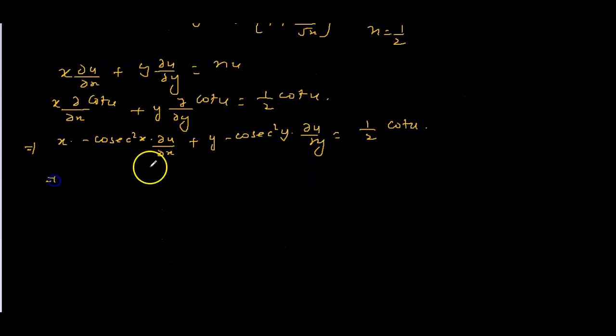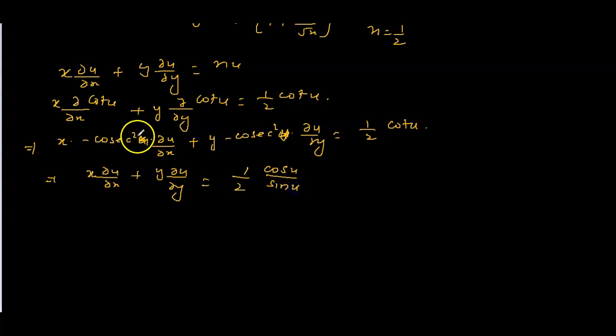So if you write it here, this cosec square is common and outside, this is u. So you get x into del u by del x plus y into del u by del y is equal to 1 by 2 cot u. You can write cot u as cos u by sine of u.